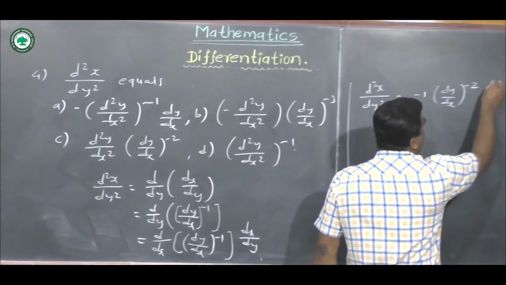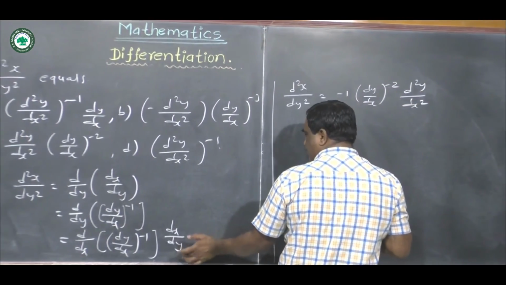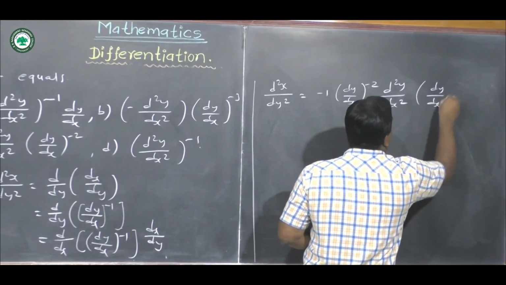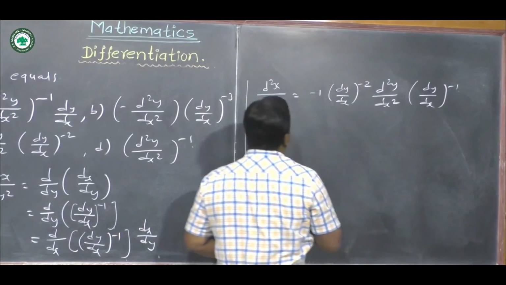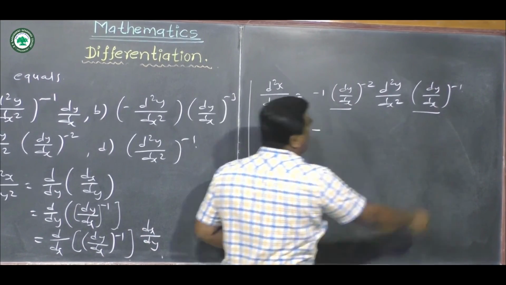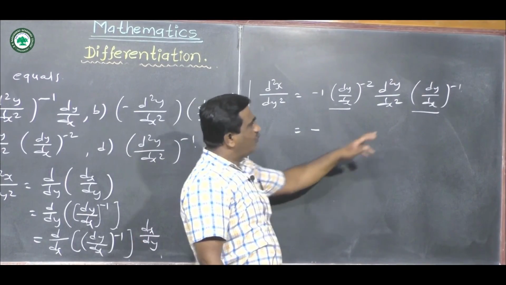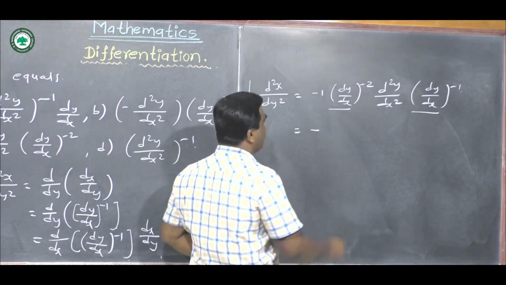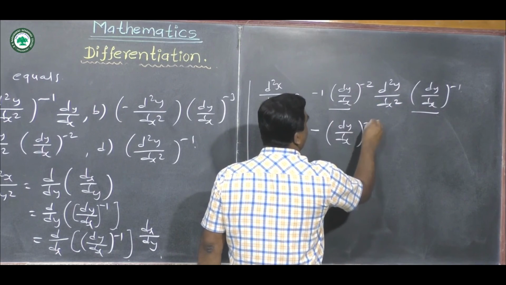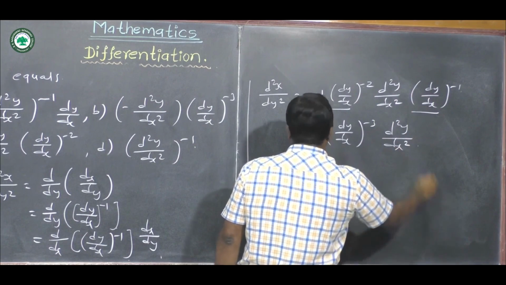We have to write the derivative of this term dy by dx, the derivative of dy by dx here, d square y by dx square into dx by dy, taking reciprocal we can write dy by dx raised to minus 1, that is minus into, base is equal, take addition of the index here, dy by dx raised to minus 2 into dy by dx raised to minus 1 means we can write dy by dx raised to minus 3 into d square y by dx square as it is.